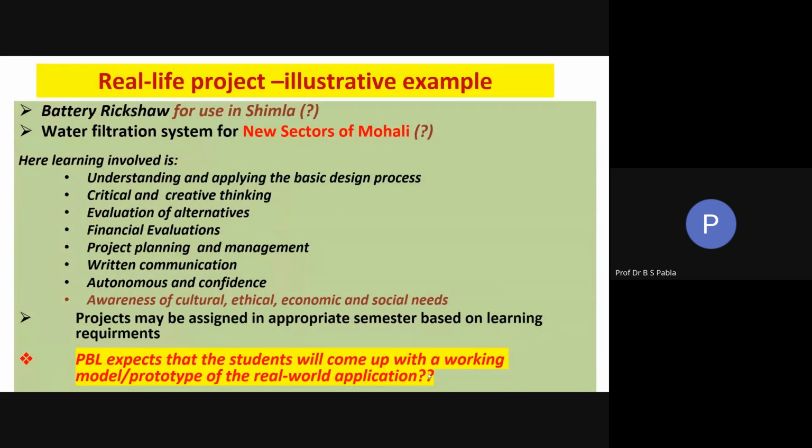How do you take it? Ethical. Sometimes the color of the rickshaw is maybe a problem. There will be some cultural issues. Then, as I said, projects may be assigned in the appropriate semester based on learning requirements.